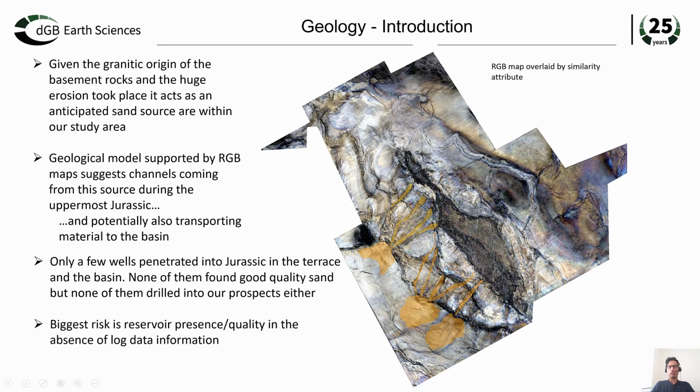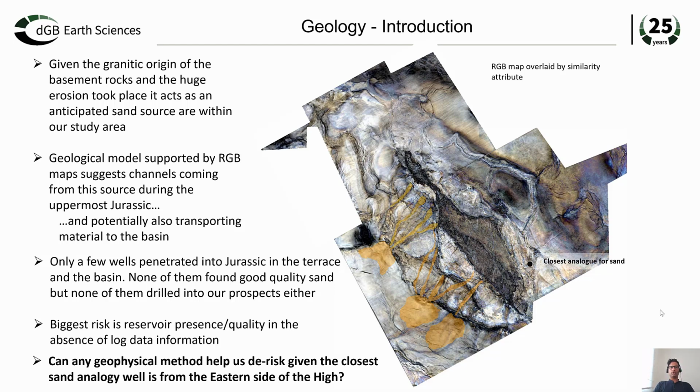However, the main problem here is that very few wells have penetrated into this Upper Jurassic Reservoir in this area, and in fact, none of those wells have been drilled in our prospects. So this severe lack of well analogs is the biggest risk in terms of delineating the reservoir presence or quality.